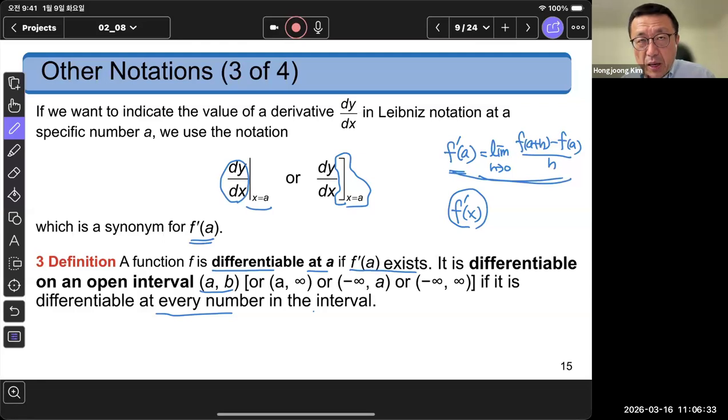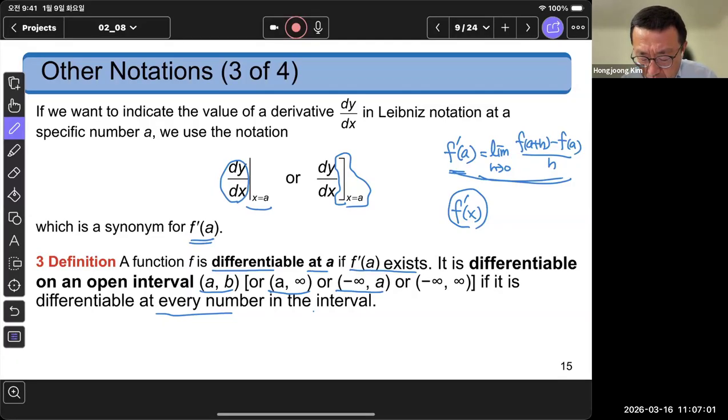If one of these a or b is an infinite value, like this from a to infinity, that means for any value x greater than a, this function is differentiable. If the function is differentiable on from say negative infinity to a, then that means for any x less than a, the function is differentiable.